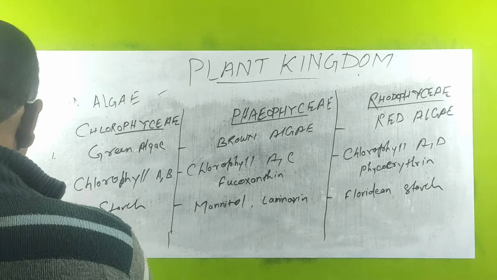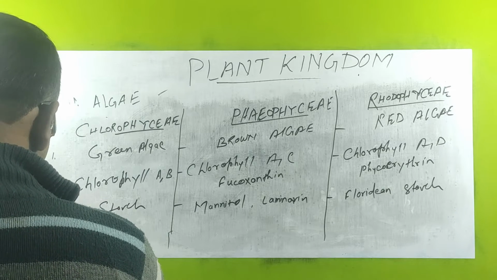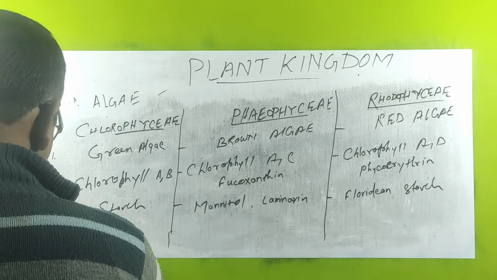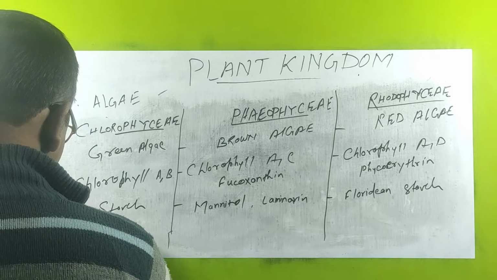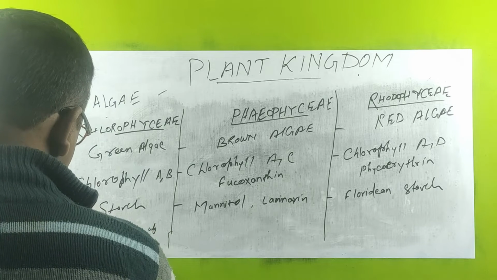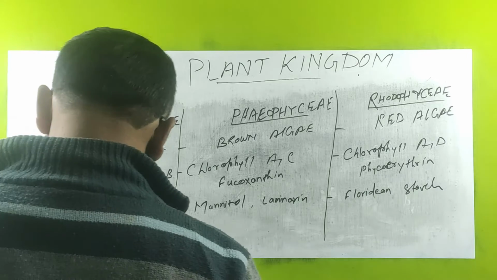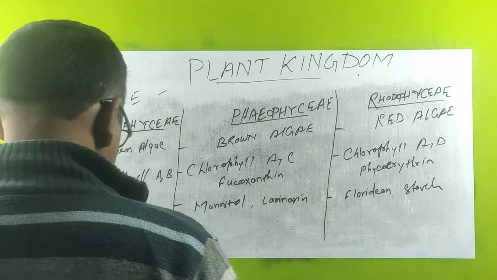And the fourth is the cell wall. In green algae, the cell wall is made up of cellulose. In brown algae, the cell wall is of cellulose and algin.